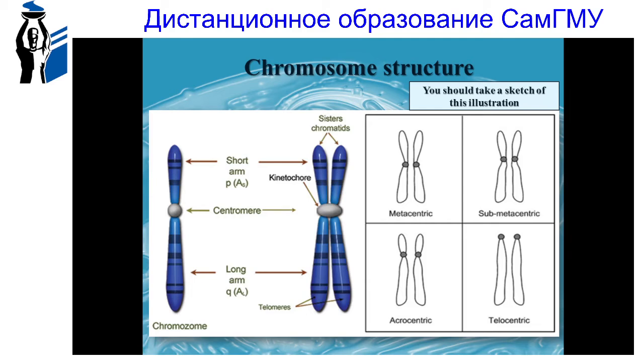In the course of the cell cycle, the appearance of the chromosome changes. In the interphase, these are very delicate structures that occupy separate chromosomal territories in the nucleus, but are not noticeable as separate formations during visual observation.